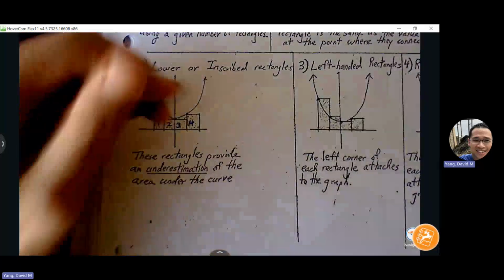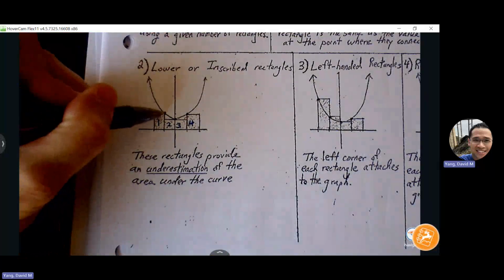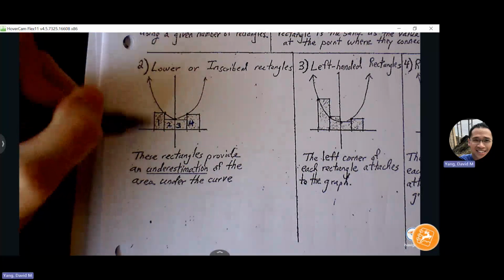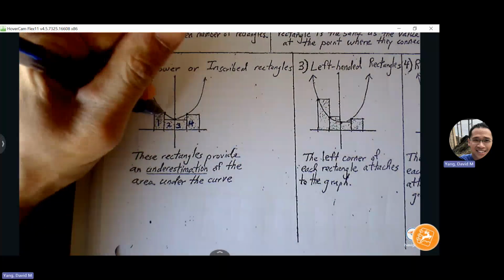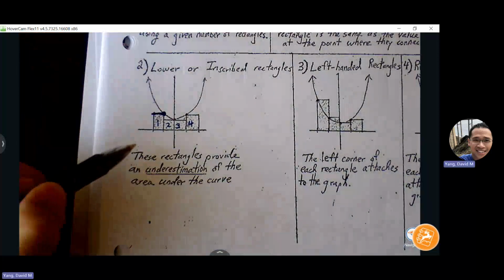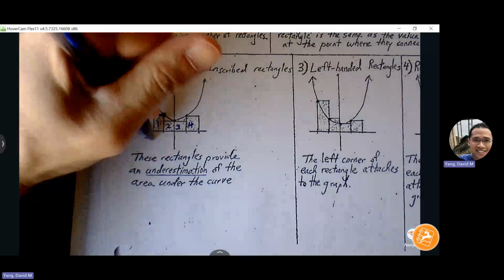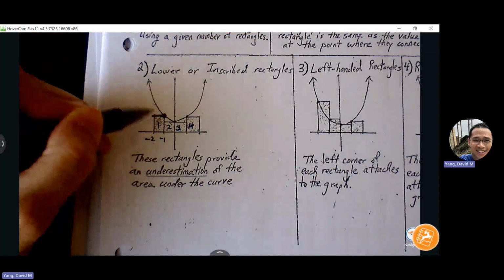Now, for a lower or inscribed rectangle, for each region you want to look to see which of the endpoints will produce a lower y value. Whichever produces the lower y value is where you're going to attach the graph to represent the height.